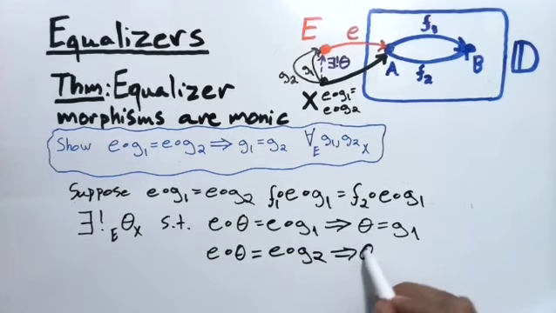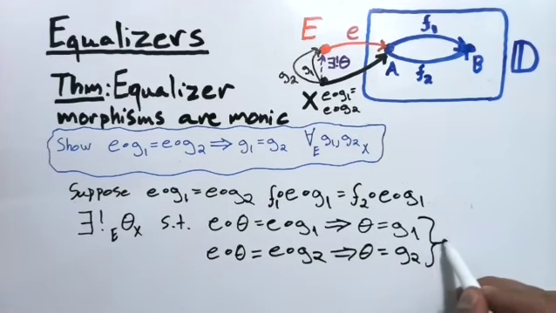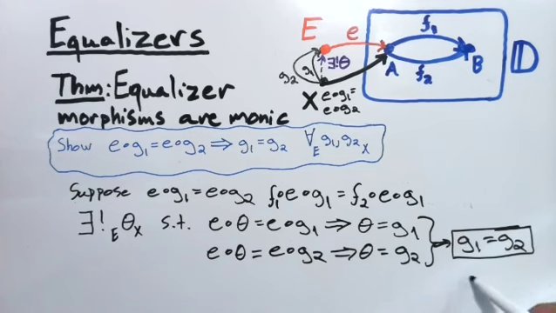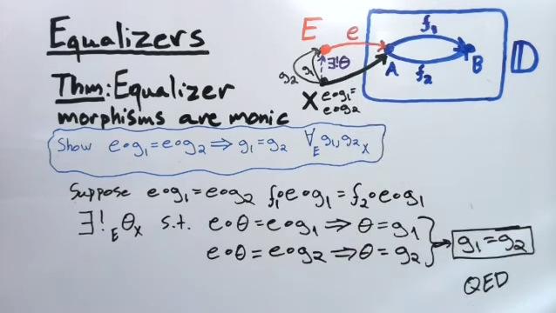We must have theta equals G2, but then combining these, we have G1 equals G2, which is exactly what we needed to prove. So that's QED. And that shows that anytime we have an equalizer, then the equalizer morphism, E here, is a monic morphism.